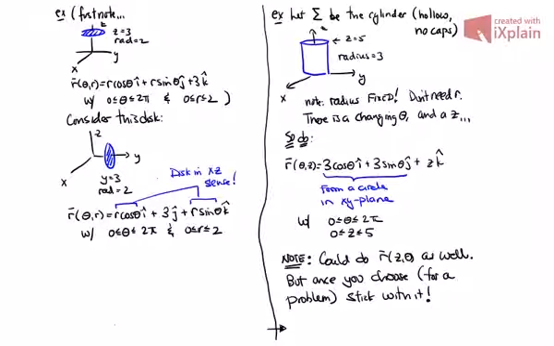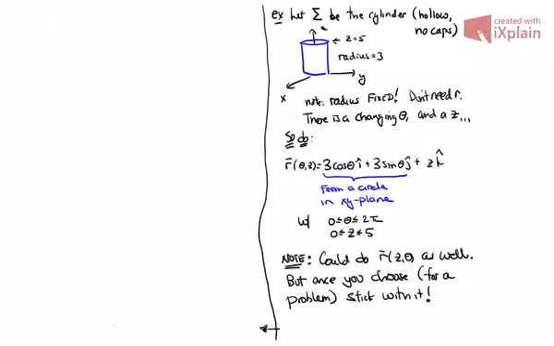So let me just end on a couple more examples. In this next example, I'm going to do just another cylinder, a really easy one, except I'll do this one coming forward in the x direction.